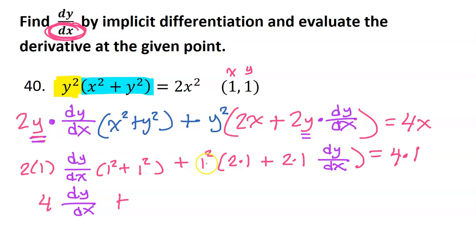I'm ignoring the 1 squared in the front because that's just a 1. Inside the parentheses, and you know what, I don't even need the parentheses anymore. So I have 2 plus 2 dy/dx.